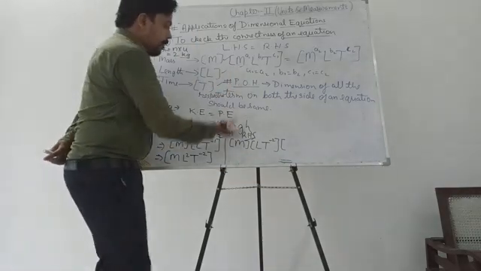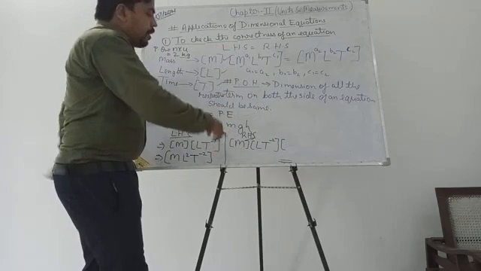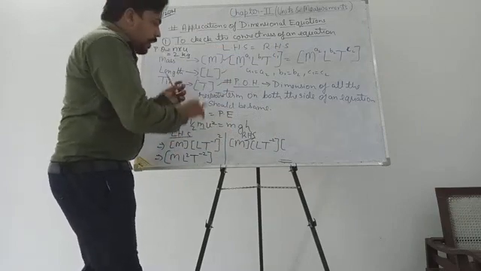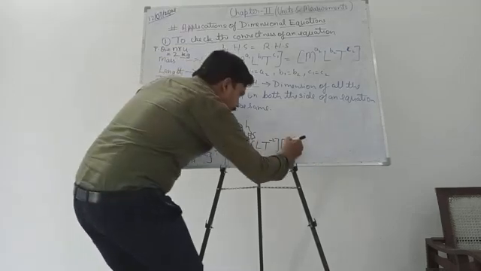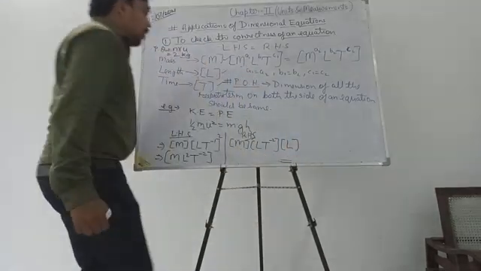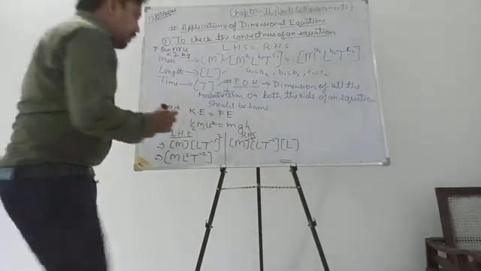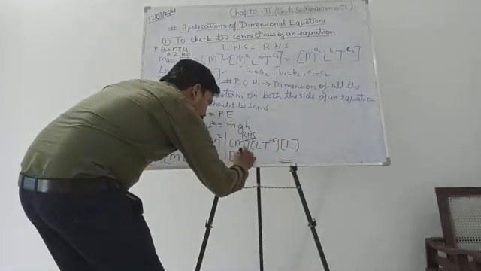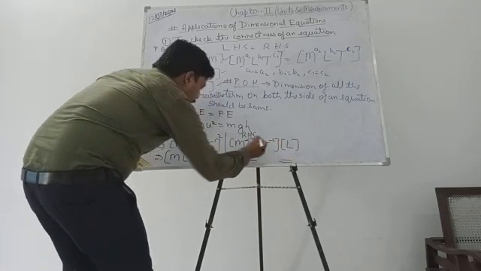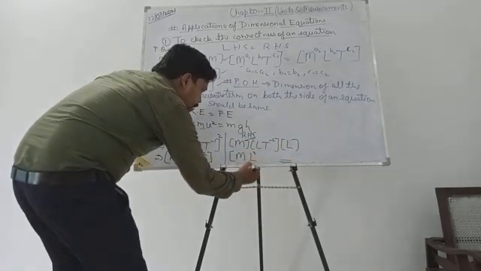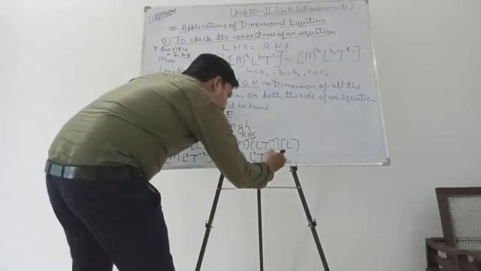Length can be measured with a meter scale, or by any measuring instrument which measures length. So it has a length parameter. Now when these combine, it gives a dimension formula of M L square T to the power minus 2. Here the power of L is 1 and here the power of L is 1, so it gets squared because the base is the same and the powers get added.